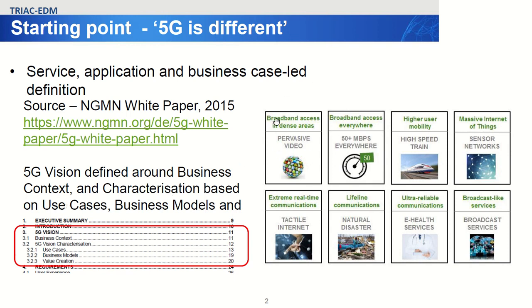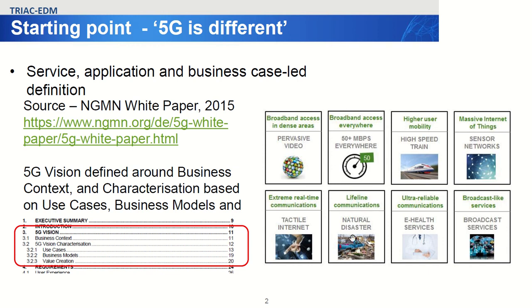So you will see we have broadband access in dense areas, broadband access everywhere, trying to accommodate high speed, low speed, indoor, outdoor, device and human, and high user mobility, for example high speed trains, and massive Internet of Things, extreme real time communications, for example low latency and life-line communications.